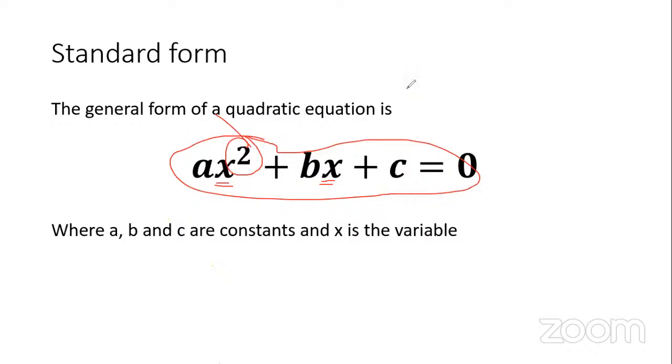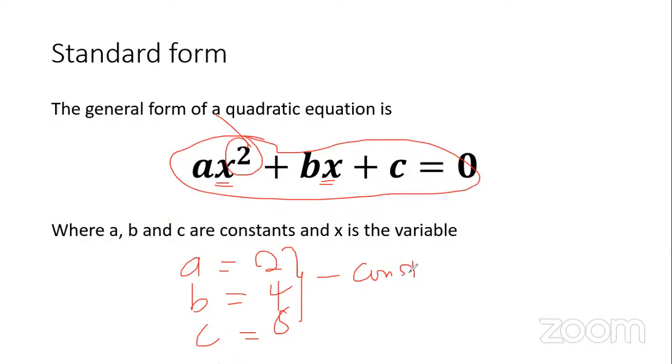So in mathematics, when we talk of the word constants, we mean numbers, like Mutebi has said, because those numbers do not change. So if we, for example, have A equaling 2, B equaling 4, C equaling 8, all these numbers, we say they are constants because they are not going to change.